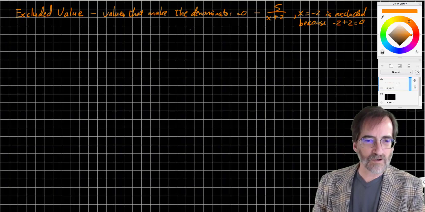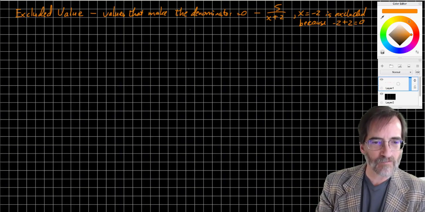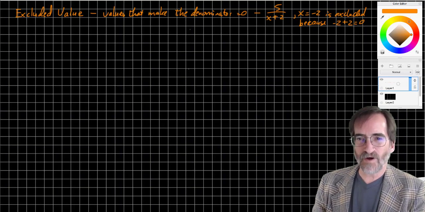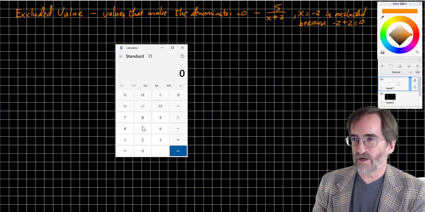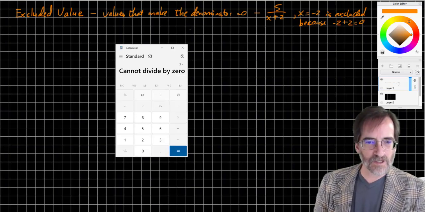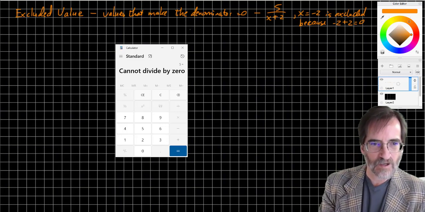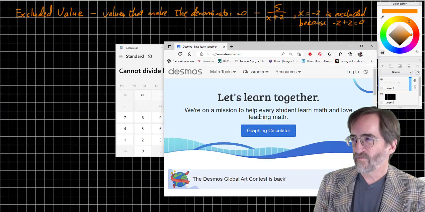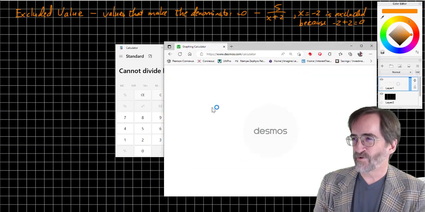If you ever want to create a little bit of fun, I'm going to bring up my Windows calculator and show you. If I tried to do 5 divided by 0, I'd get an error message. Cannot divide by 0. I can try it in Desmos. Bring up a graphing calculator, Desmos.